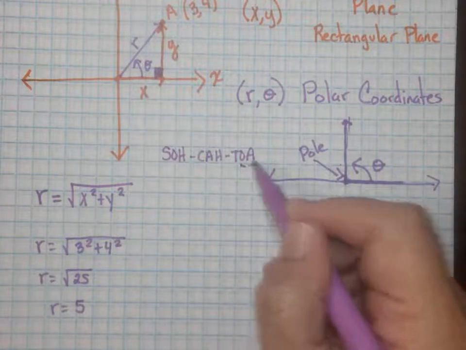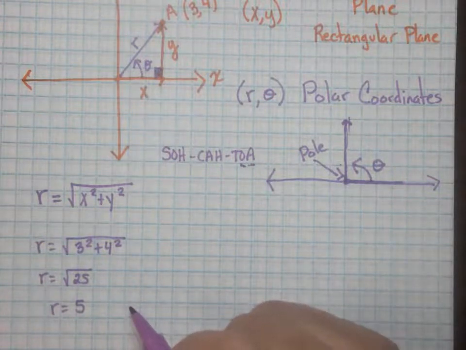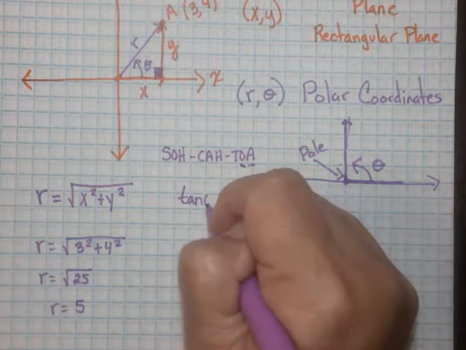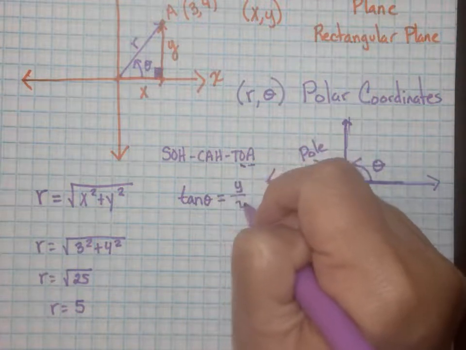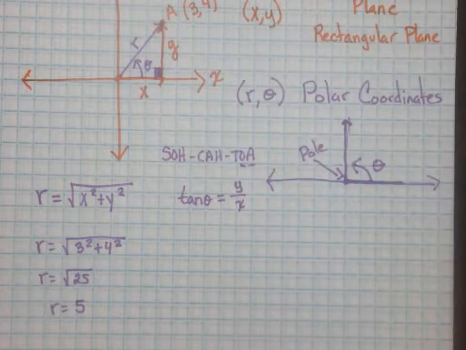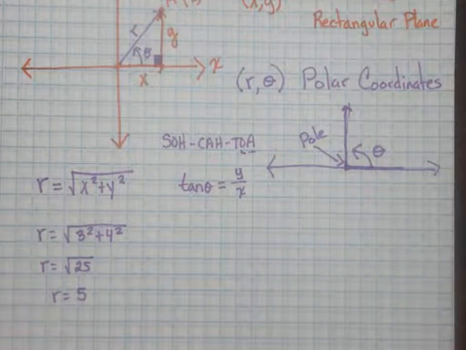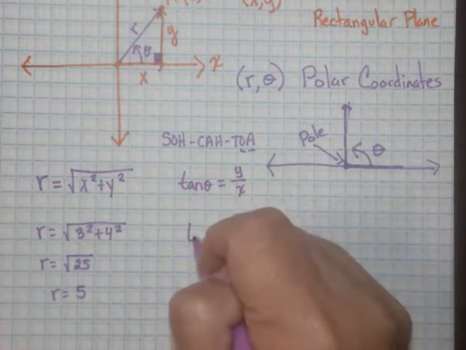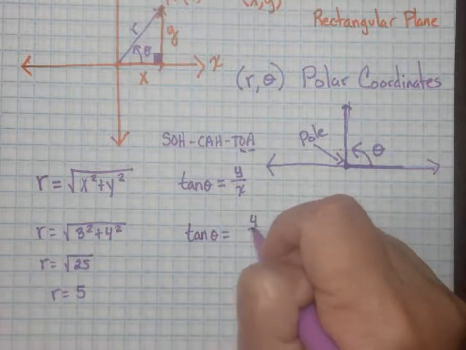Opposite and adjacent, that's the tangent relationship. So it is true that tangent of theta is going to equal y over x, because that's opposite over adjacent. So in this particular case, we would have tangent of theta equals 4 over 3.